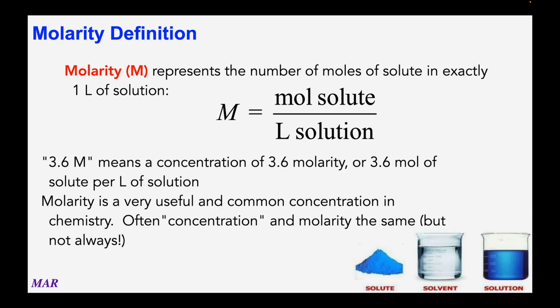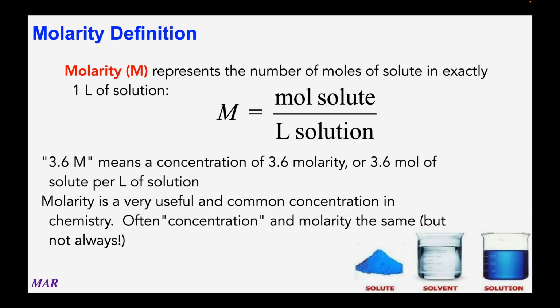So chemists will talk about these with molarity, and molarity is the moles of solute per liter of solution. And molarity is just a number. So if you saw 3.6 M, that would be 3.6 molarity, which means 3.6 moles of solute in a liter of solution.